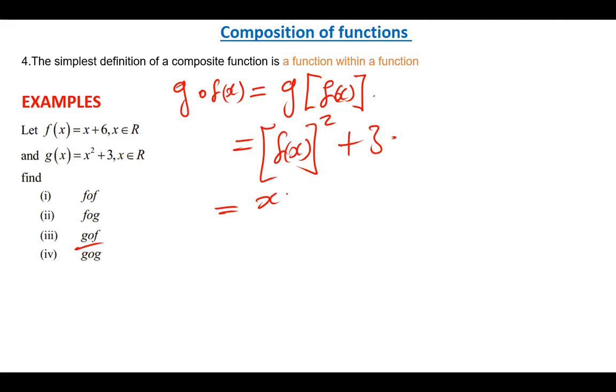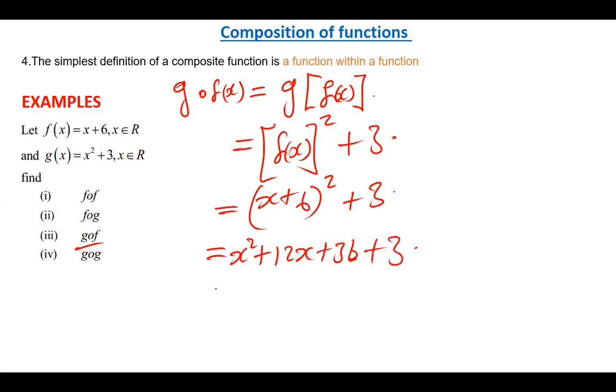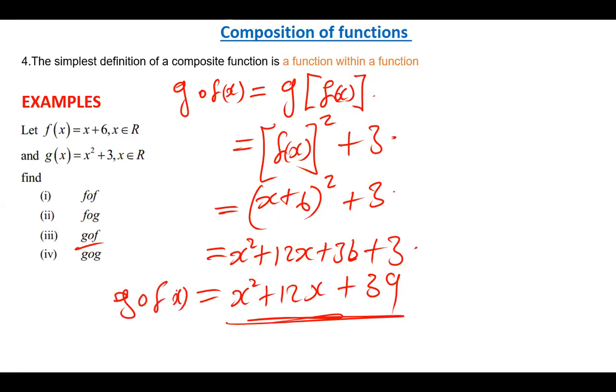F of x is simply x plus 6. So x plus 6 squared, then we have a plus 3 outside. When we simplify this part, we have x squared plus 12x plus 36. Then plus 3, and you are going to get the final answer as x squared plus 12x plus 39. So this is the value of g of f of x.